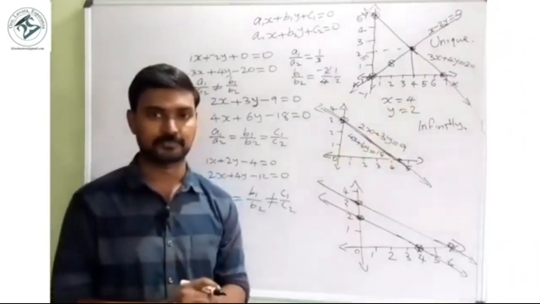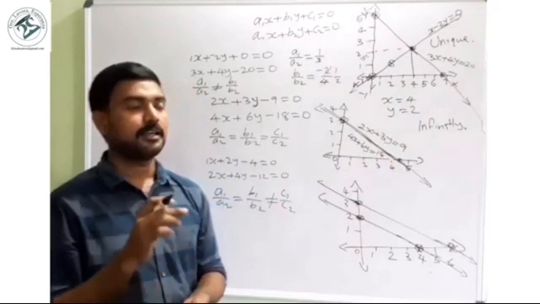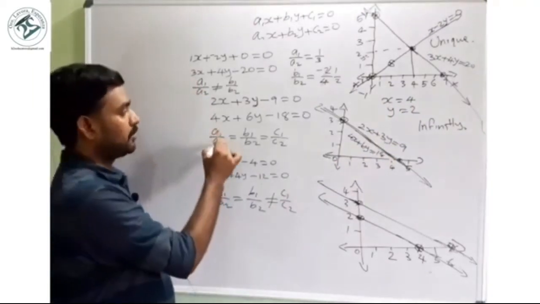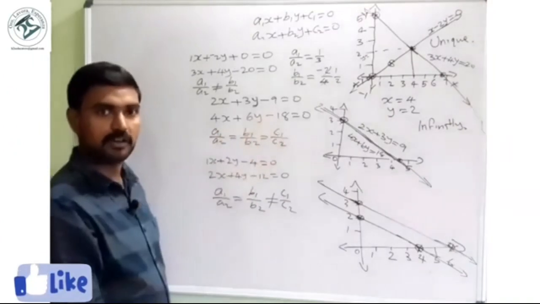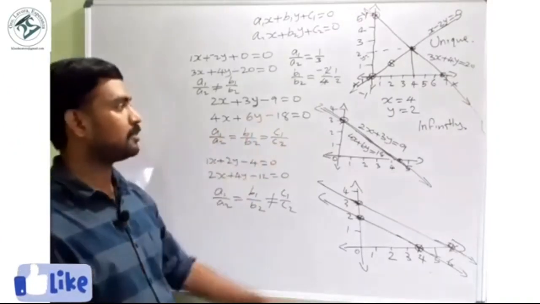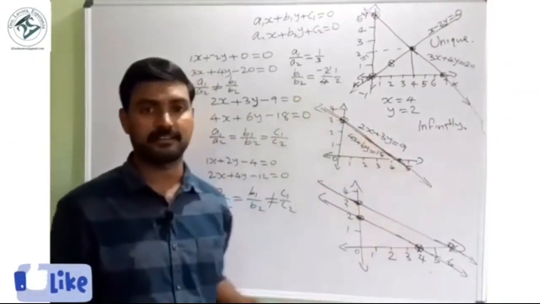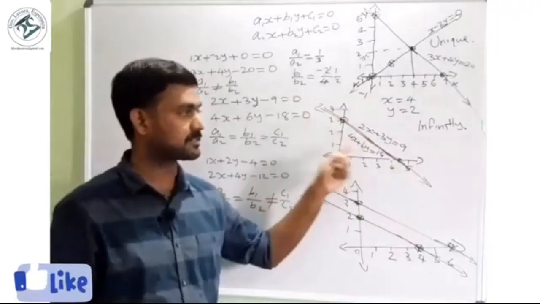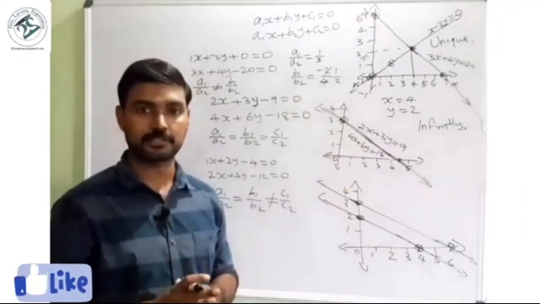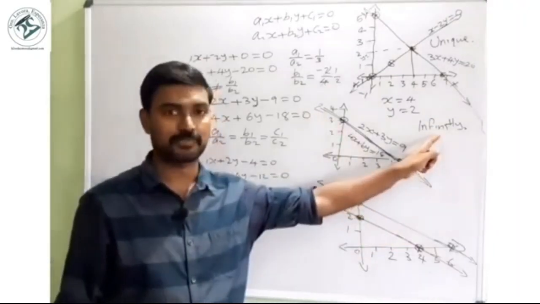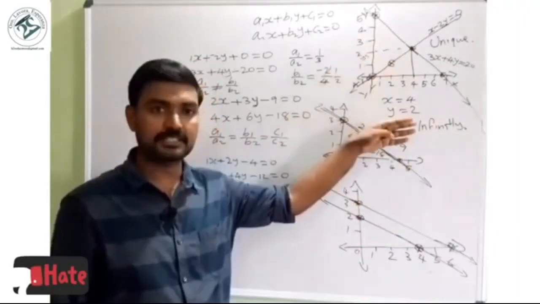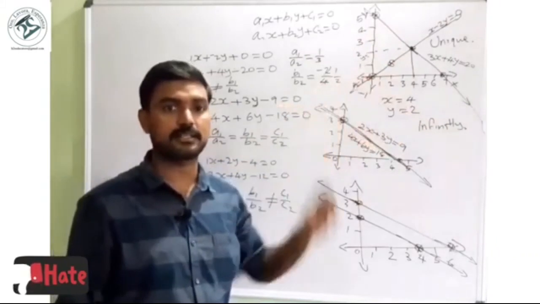Clear? If you find a1 by a2, b1 by b2, c1 by c2 and all are equal, then if you draw the graph, surely it will be a coincident line. That means like this. In such cases you will not get a unique solution. The solutions are there, all points are solutions. So infinitely many solutions. In these two cases a solution is there, that's why it is known as consistent.